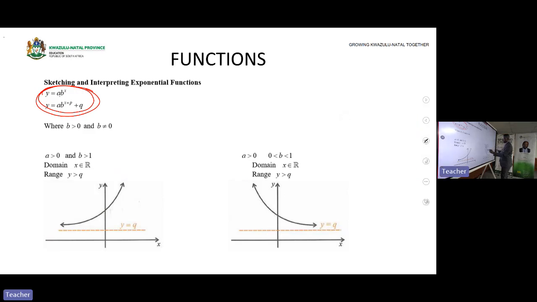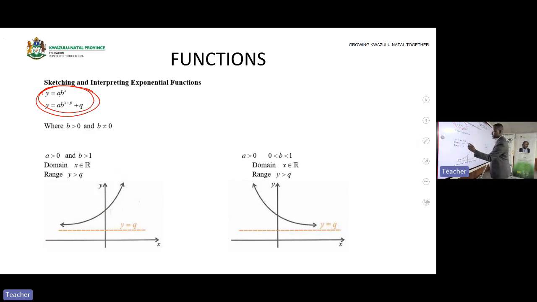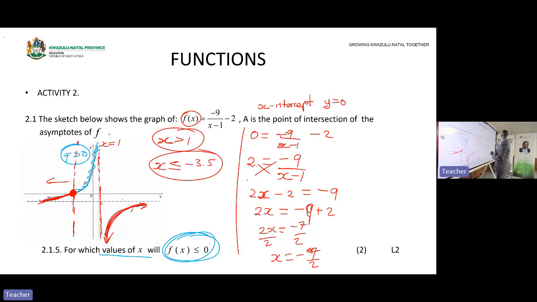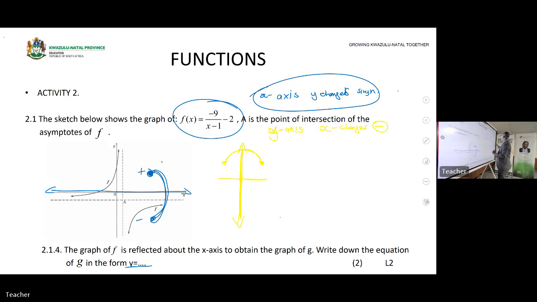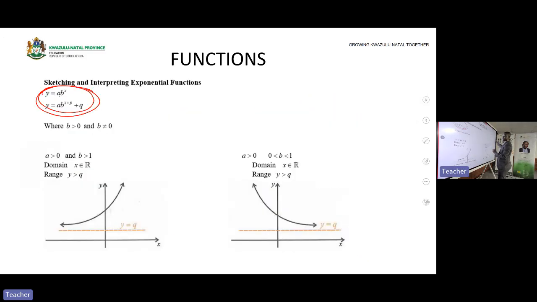The shape of this graph can be an increasing function, as you can see here, when the value of b is greater than 1, then your graph will be increasing.